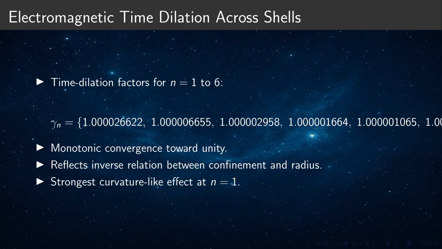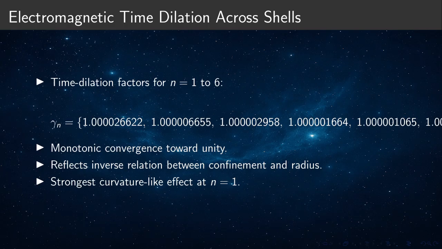Gamma n equals 1.00026622, 1.00006655, 1.00002958, 1.00001664, 1.00001065, 1.0000739. These values exhibit a monotonic convergence toward unity as the principal quantum number increases.